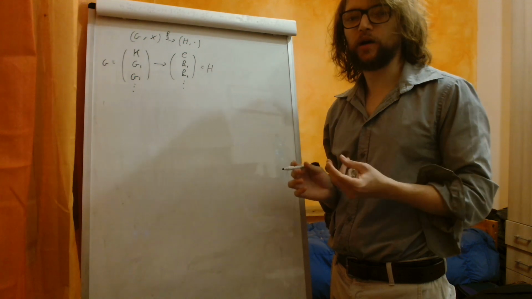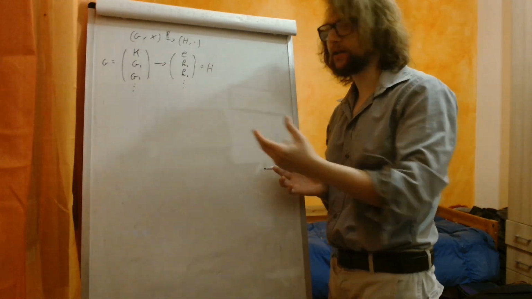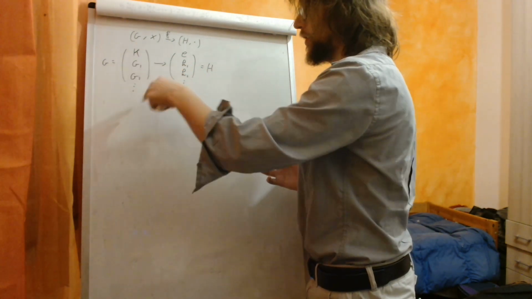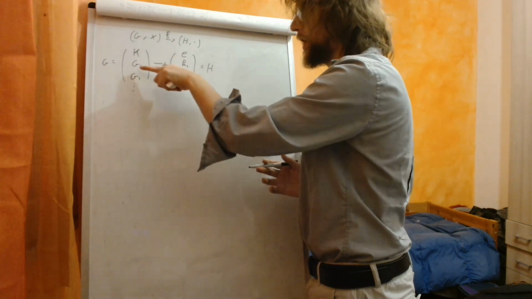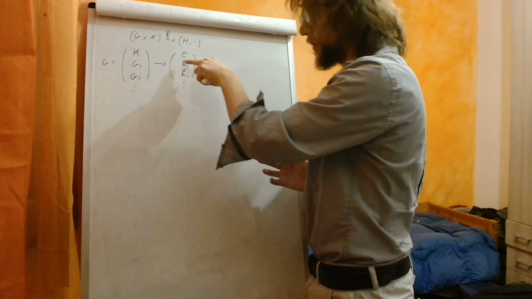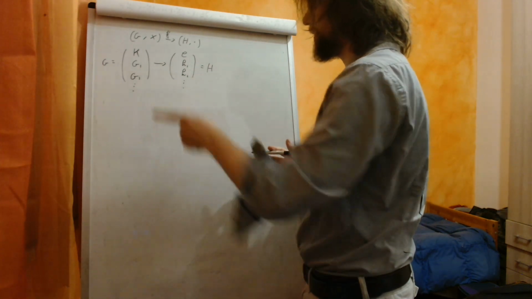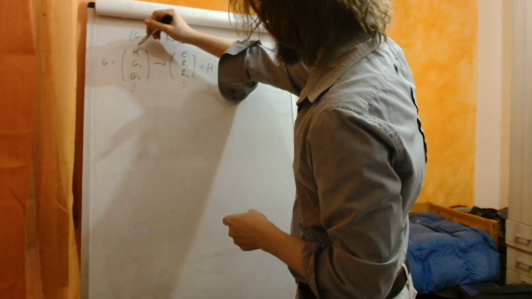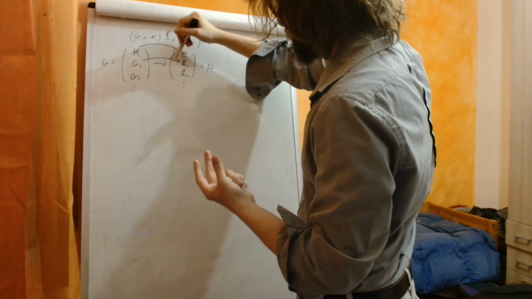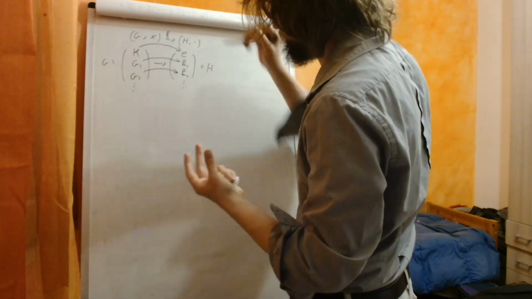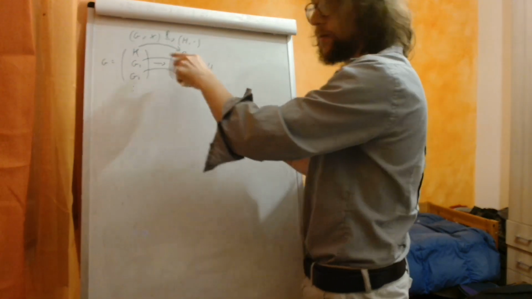You can associate it to any element here. So you can think of a homomorphism as sending not element to element but sets to sets. This is G, which is the union of these sets. These are sets and not elements, K, G1, G2. These instead are elements, E, H1, H2. And for example, K is a set of elements which are sent to E, G1 is a set which are sent to H1, G2 is a set which are sent to H2, and so on. So when you go from here to here, some information is lost.